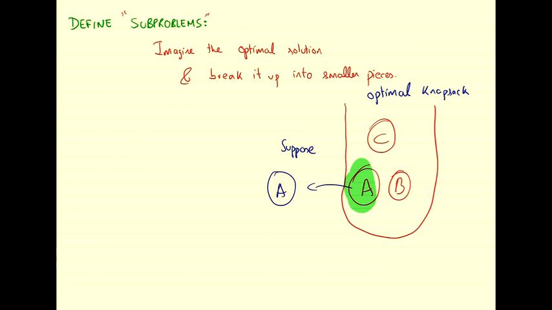For example, if you take a shortest path and you cut it anywhere, the two pieces are also shortest paths. That's the important point here. So if you take the knapsack problem and take out an item A from the optimal solution, what is going to be true about this thing? What's left?